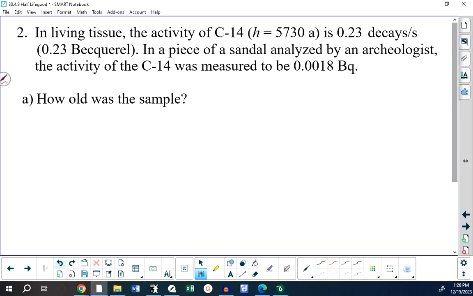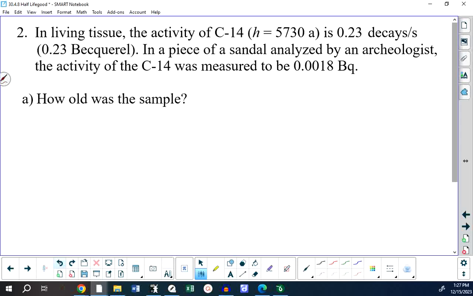It's decaying, but it's being replenished at the same rate. In a living, breathing organism, the total carbon-14 decay is about 0.23 decays per second. So if you had a sensitive enough Geiger counter that could only detect carbon-14 decays, and a big Geiger-Mueller tube pointed at my whole body, it would be ticking about 1/4 of a time every second. In other words, 4 times, once every 4 seconds.